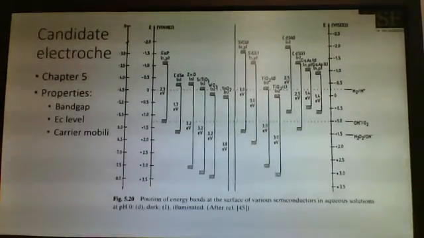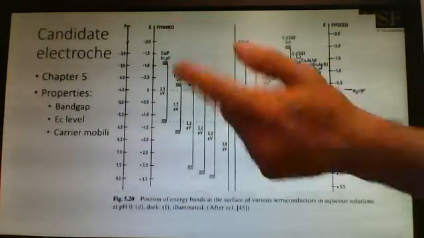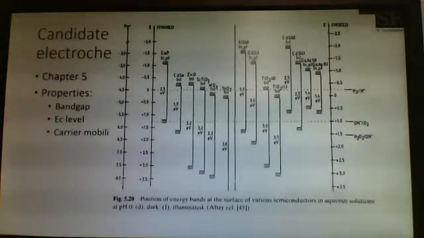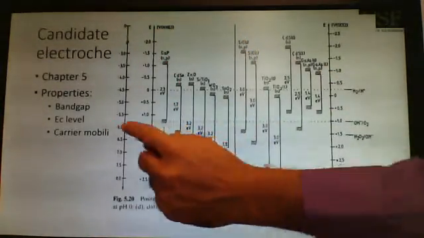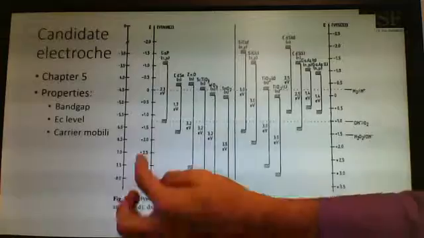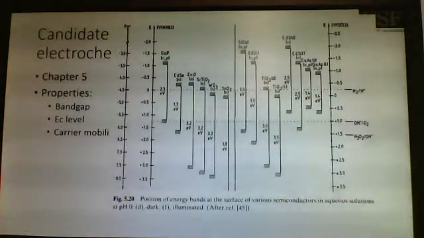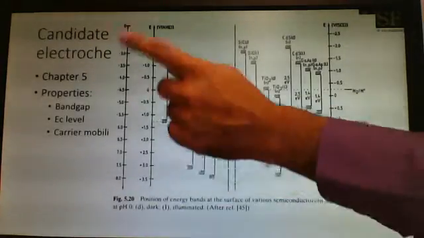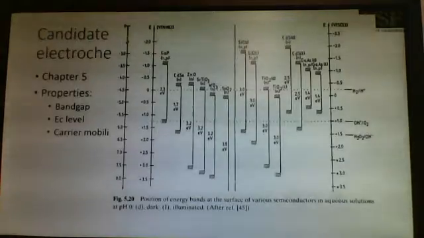However, we have been using some different reference, the normal hydrogen electrode, for example, as a reference for electrochemical devices, and you can see that if we want to match it with the vacuum, 0 volt of the normal hydrogen electrode is equal to minus 4.5 electron volt with respect to vacuum.